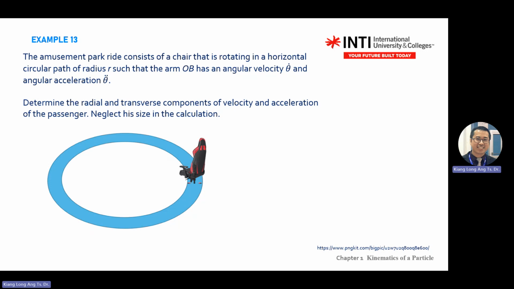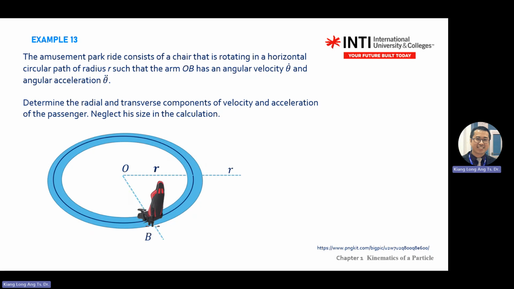Okay. So you are given r radius, arm OB has the angular velocity of theta dot and angular acceleration of theta double dot. Determine radial and transverse component of velocity and acceleration of the passengers. Meaning, you see this question does not give you any value, right?